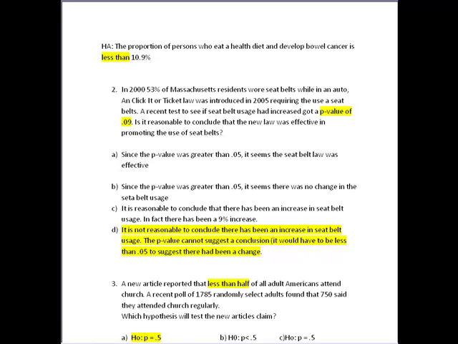Well, the p-value they got was 0.09, which is greater than 0.05. So we would not be able to reject a null hypothesis of no change in the use of seatbelts. So the conclusion would be it is not reasonable to conclude there's an increase in seatbelt use. The p-value cannot suggest a conclusion because to do so it would have been less than 0.05, and it is not.